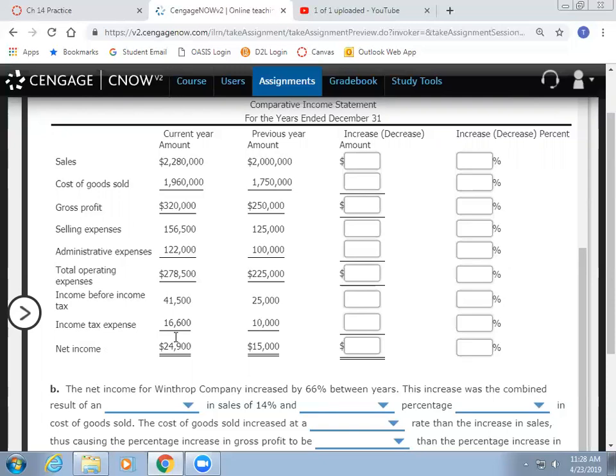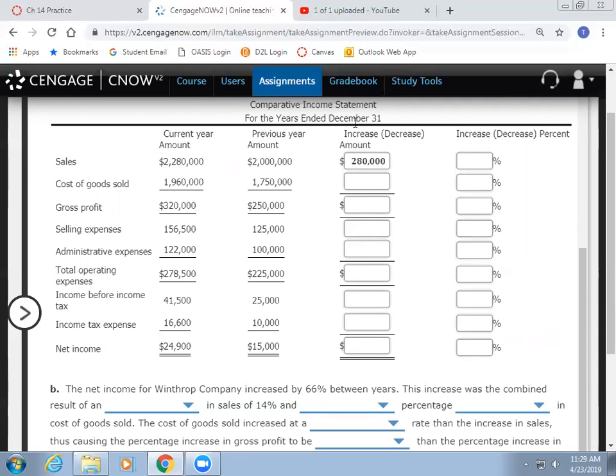Good. By how much? Very good. 280,000. So from last year to this year, we see an increase in sales of 280,000. Okay. To get the percent change, all you do is take that increase amount and divide it by the previous year.